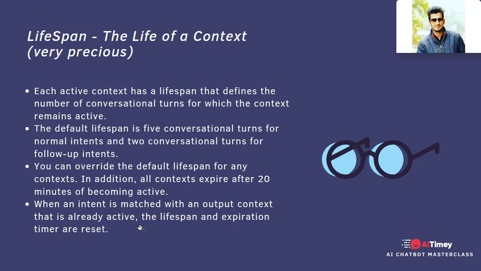So it's a very good thing, right, that whenever you are firing an intent that has the same output context, again those 5 turns will start from 1, and the expiration timer will also start from 0 minutes, and then it goes on till 20 minutes. So for the time when your user is having that conversation, these things get refreshed and the user gets more context by and by. Great.